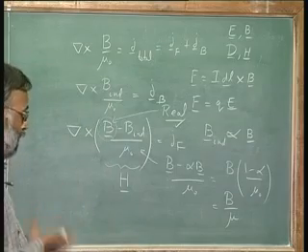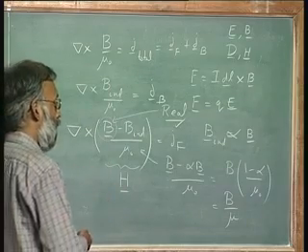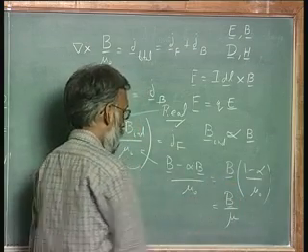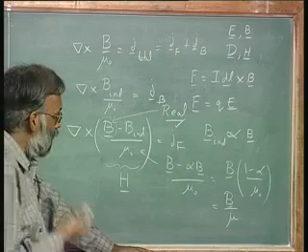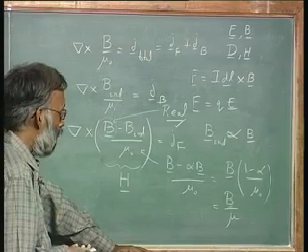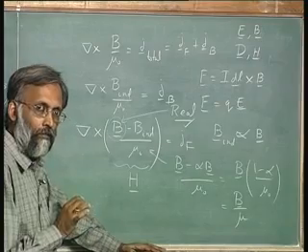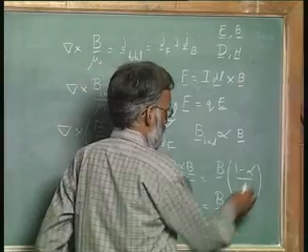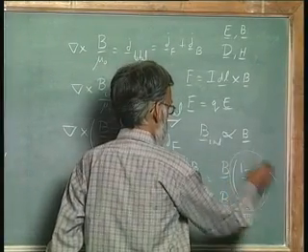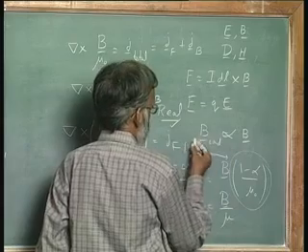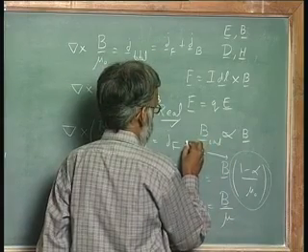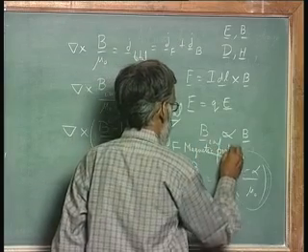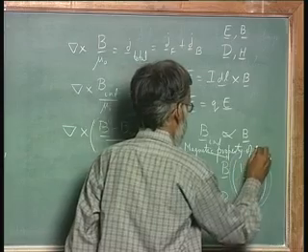So, we have defined a new quantity H, and this H is related to B. But are we really any further on in this problem? The answer is we are a little forward. The reason being that in most materials this quantity is what I would call the magnetic property of the material.